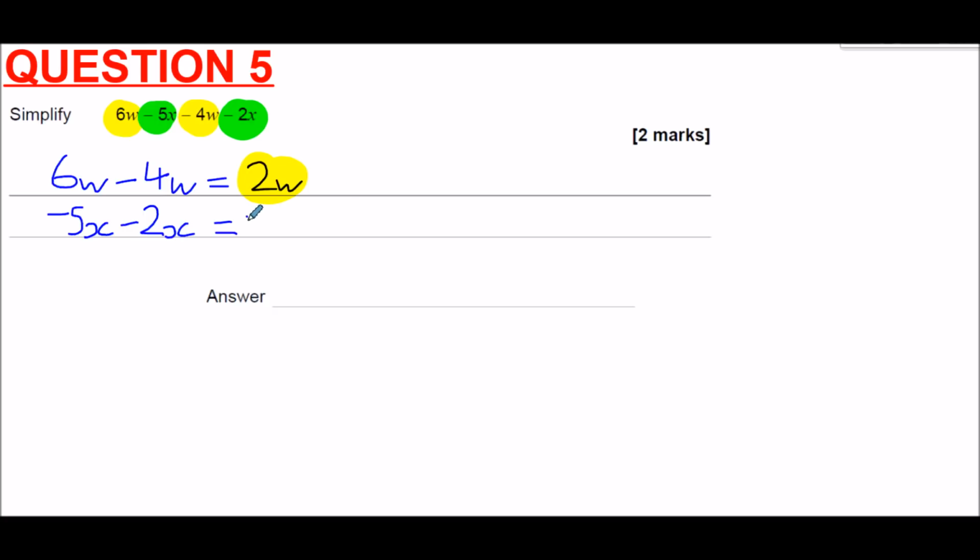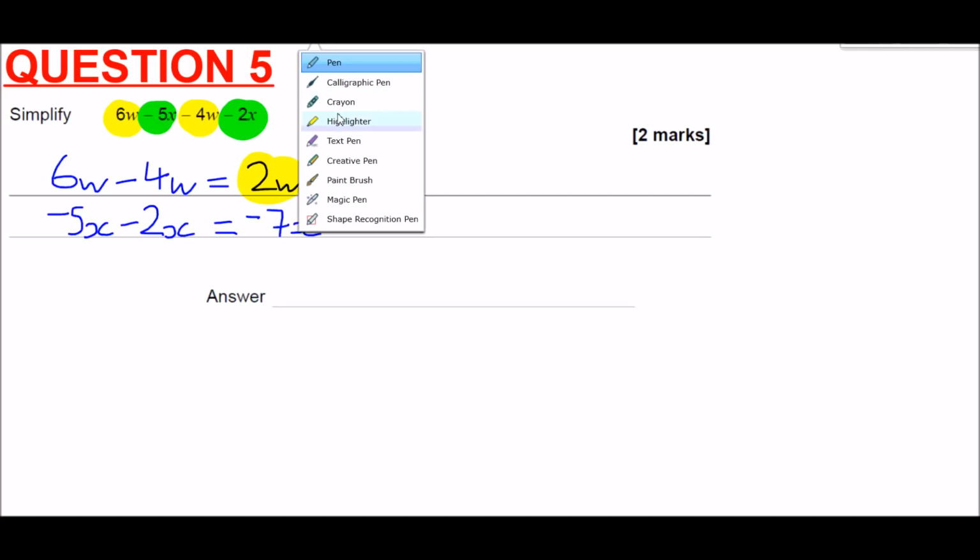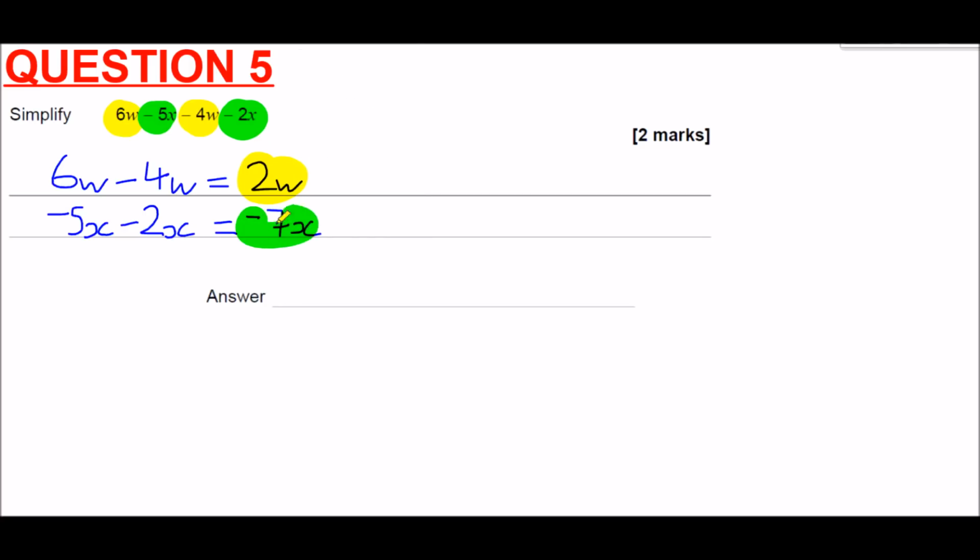It's the same as taking away 7 x's. Minus 5 minus 2 is the same as taking away 7 altogether. And so simplifying the terms in w, we'd end up with 2w, and the terms in x would give us minus 7x. So our final answer is 2w minus 7x. We'd get 1 mark for getting 2w, 1 mark for obtaining minus 7x, 2 marks if we get both.